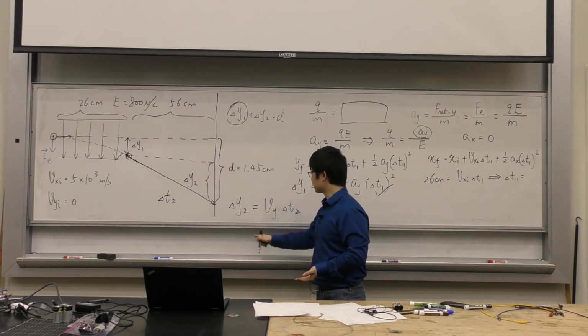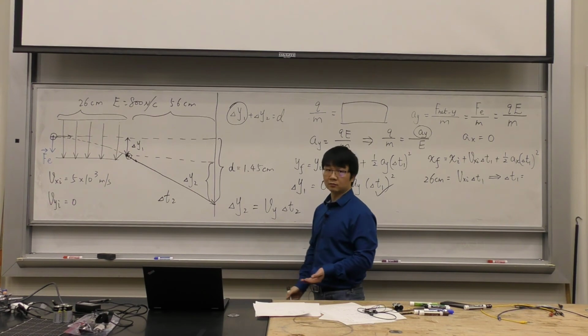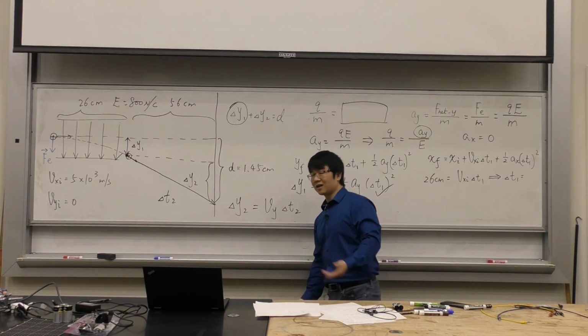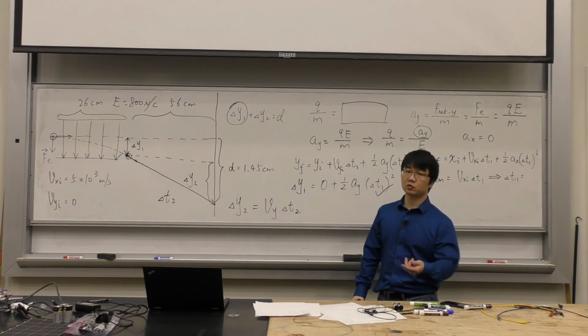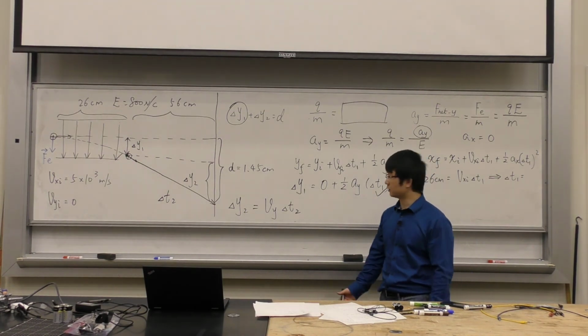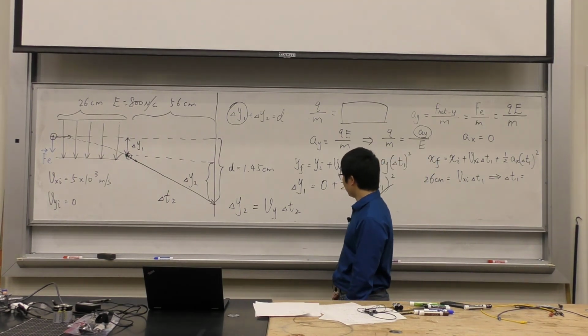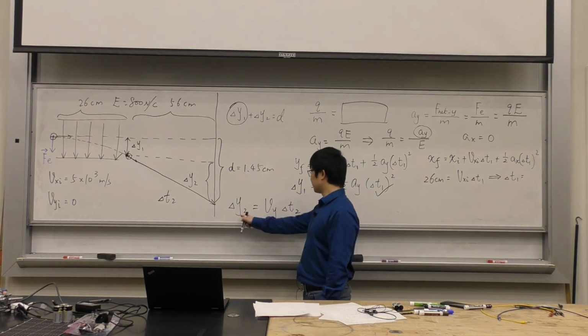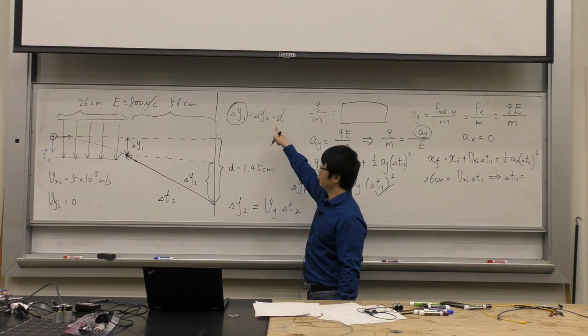And this is just distance equals velocity times time. That's intuitive, right? Something is moving with a constant velocity. Distance equals velocity times time, right? Nothing changes. So if I can find these two numbers and multiply them together, I can get this delta y2. Then I can go ahead and do that.